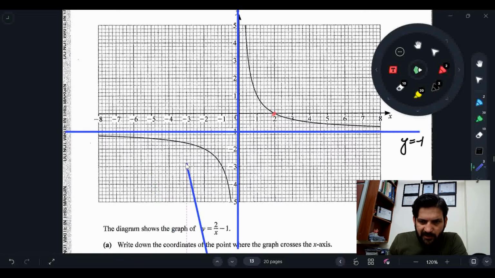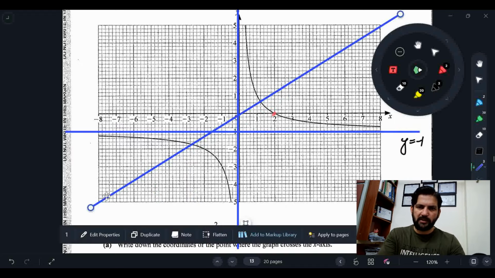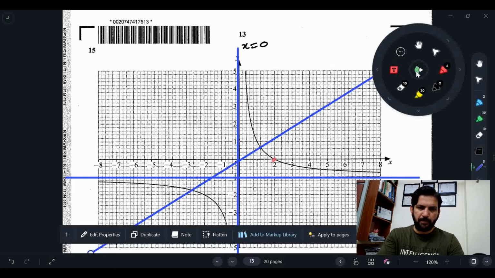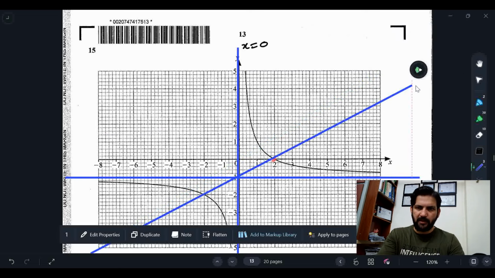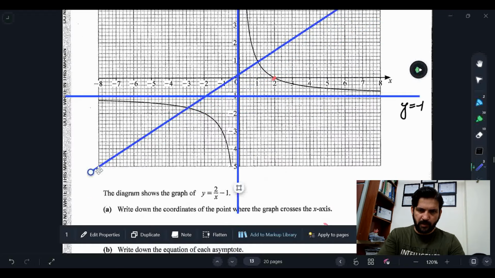So y minus x is equal to 0. So y is equal to x. So we have to draw the line y is equal to x. So y is equal to x will be this line, like this line. We need to change it like this. Yes, this will be the line.